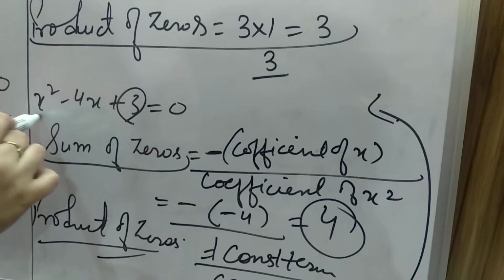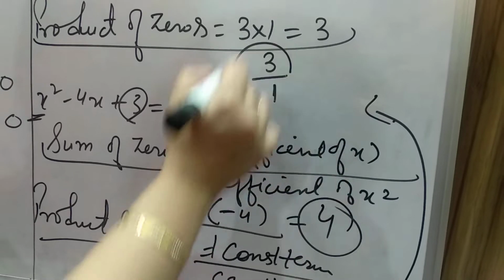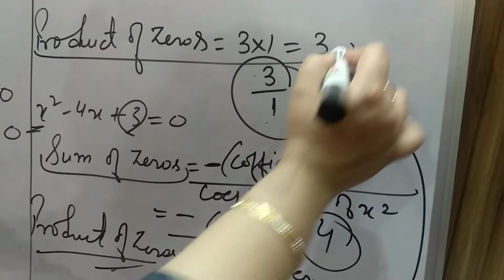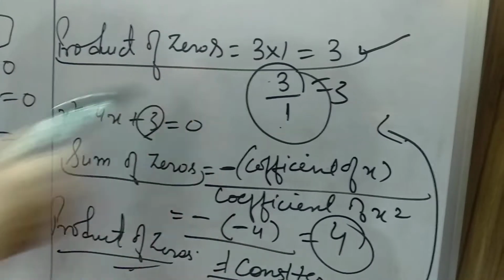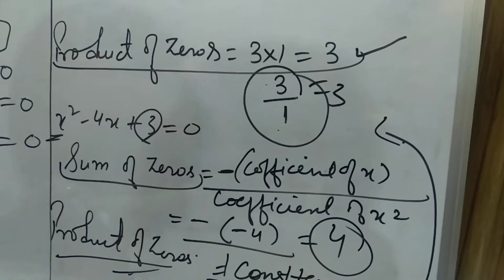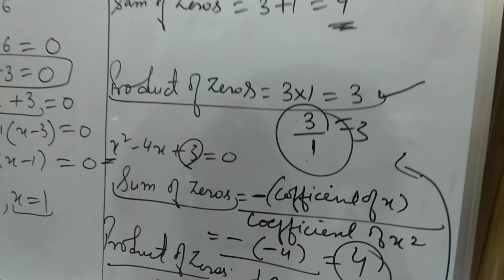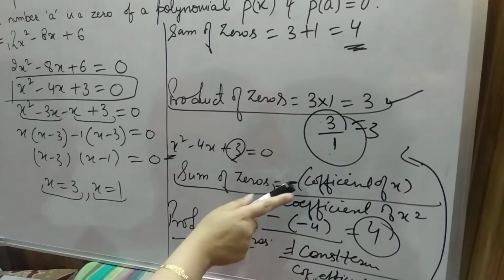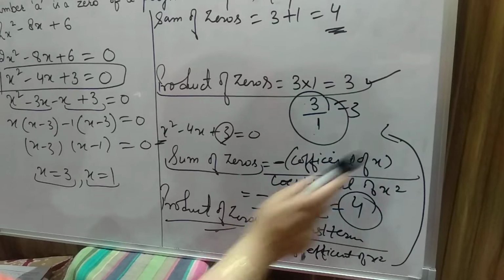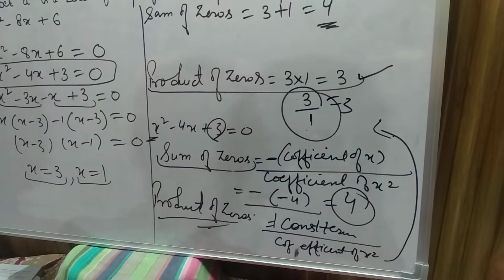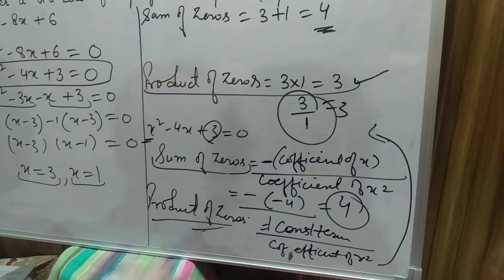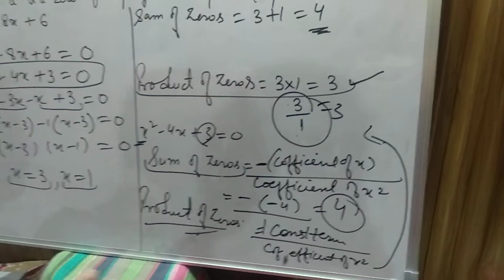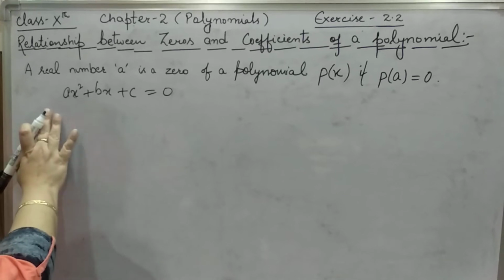And what is the coefficient of x square? 1. The product of zeros will be 3 by 1, that is equal to 3. And here also the product of zeros is equal to 3. Now it means that we have found one relation here: the sum of zeros is always equal to minus coefficient of x upon coefficient of x square, and the product of zeros is always equal to the constant term upon coefficient of x square.